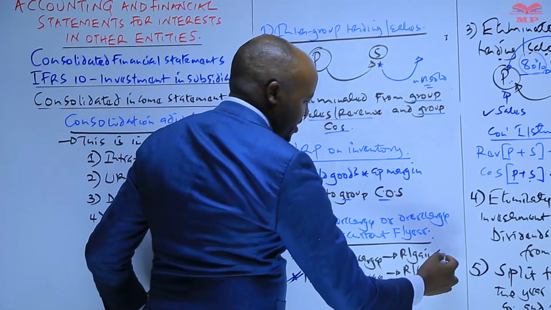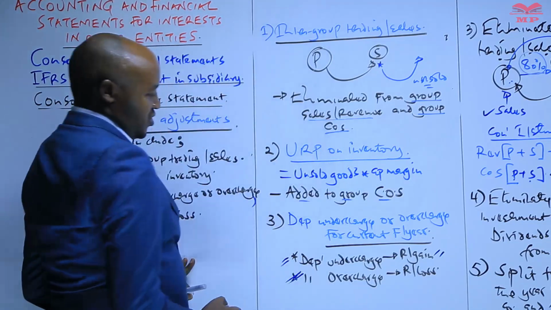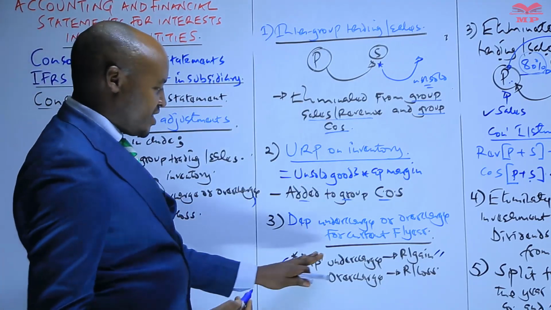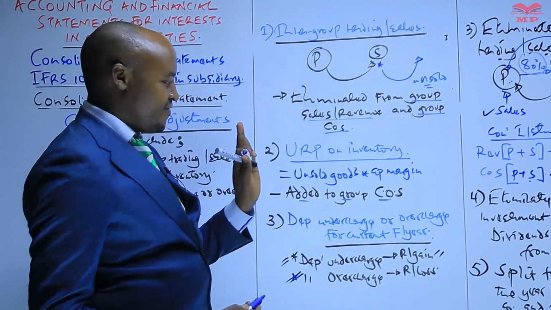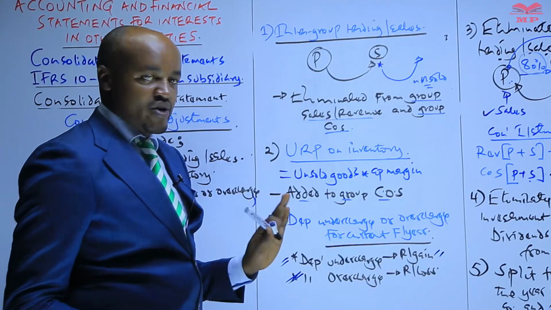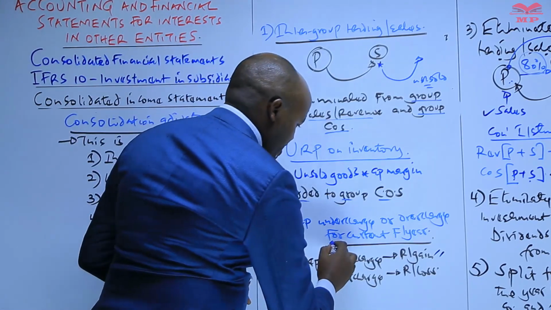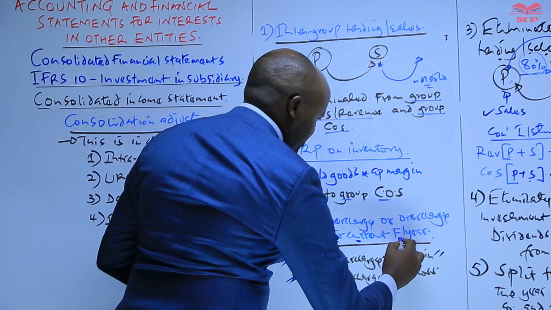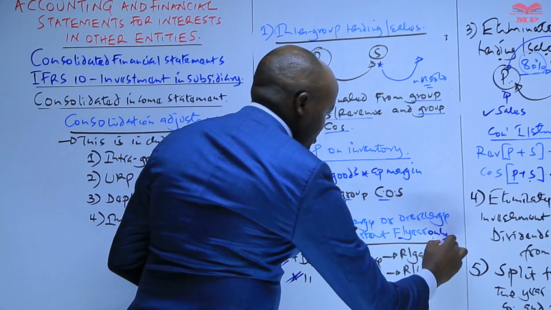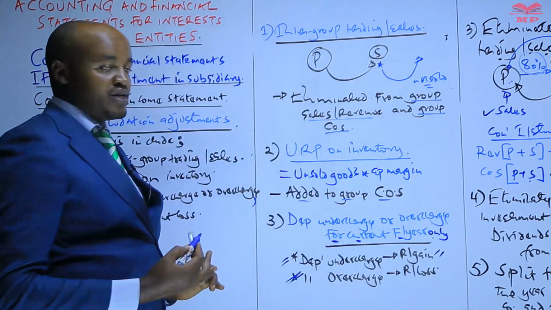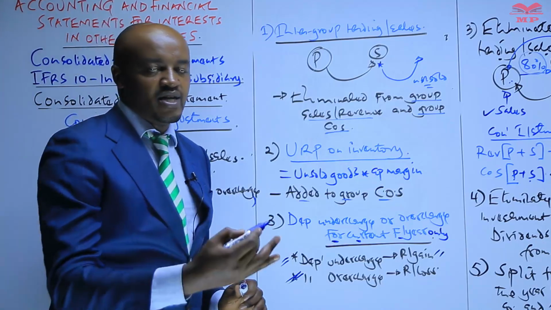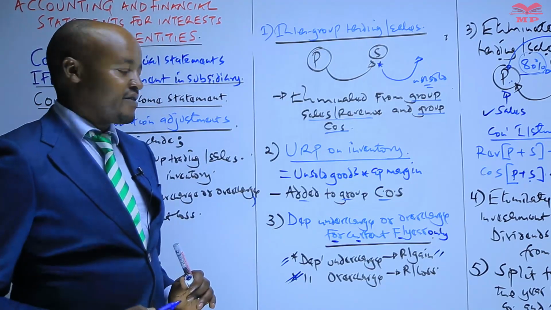So meaning that in such a case, you have to determine the depreciation other charge specifically for the current financial year only. That is a keyword here, for current financial year only. Reason being, when preparing the income statement, we only take into account the incomes and expenses for the current financial year.